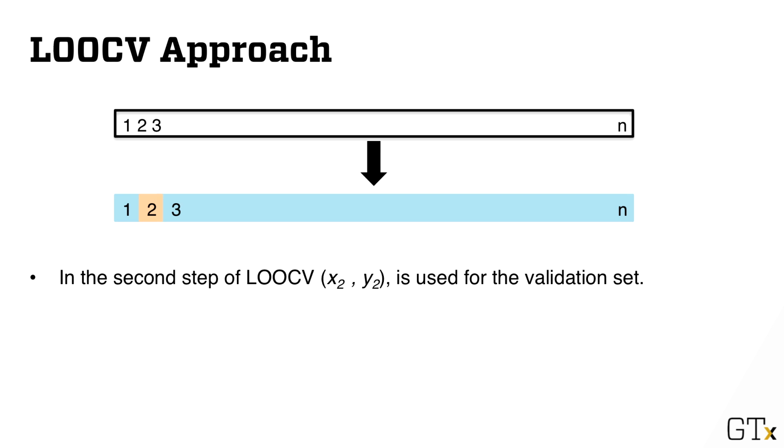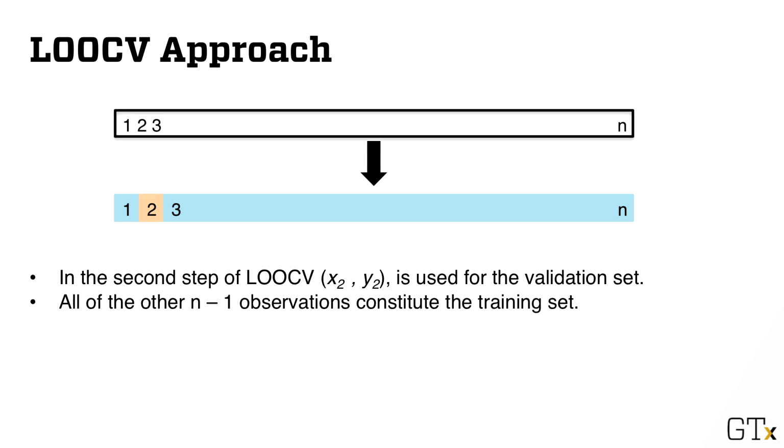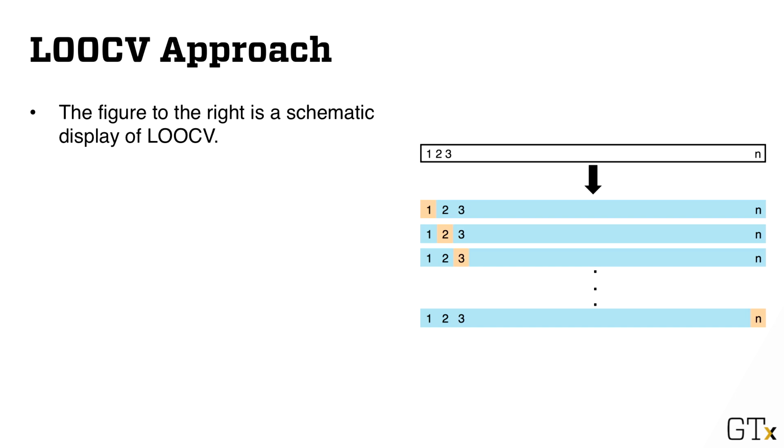In the second step of leave one out cross validation, the second observation is used as the validation set, and all the other n-1 observations, that is observation 1 and then observations 3 through n, are the training set. The figure to the right is a schematic representation of how LOOCV works.